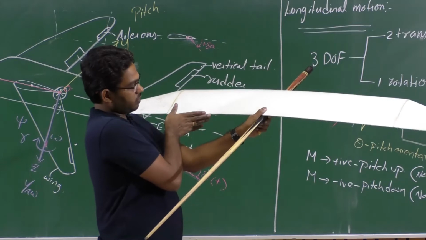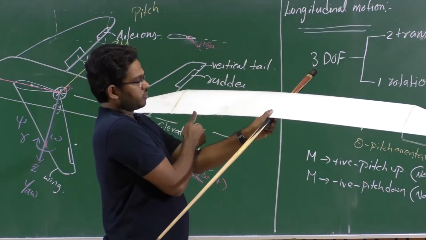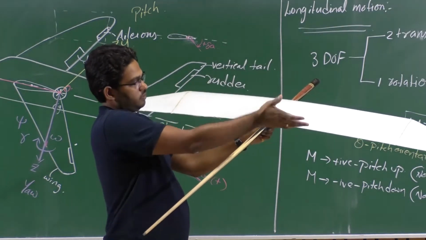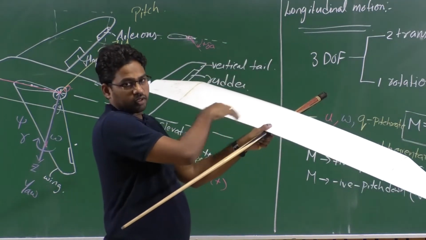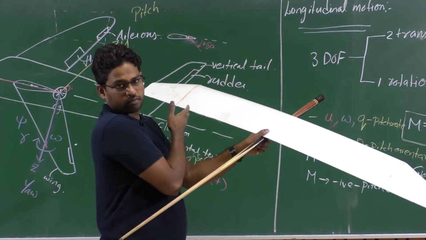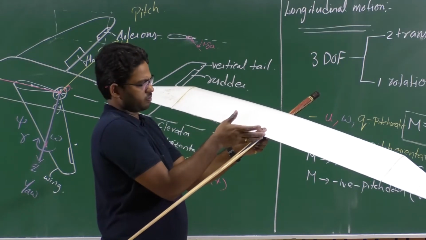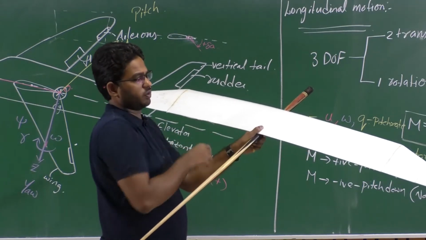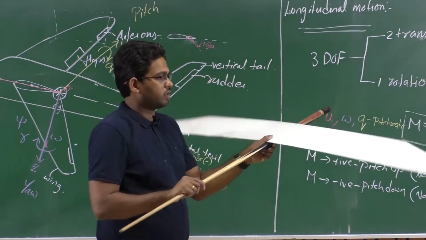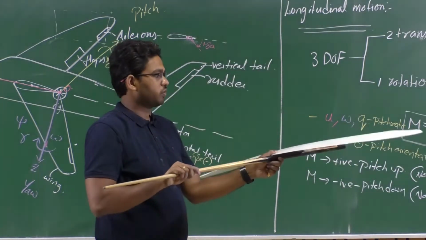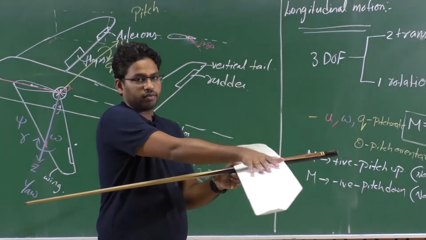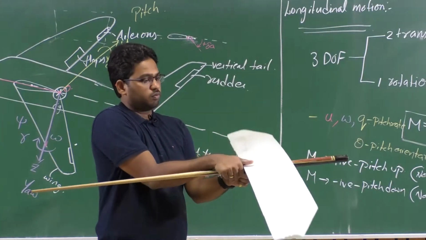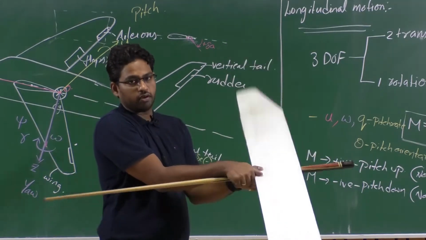If I deflect this down, this will produce an upward force. So that will produce a positive rolling moment. The downward force and the upward force, multiplied by the corresponding moment arm here, will produce a positive rolling moment. So positive rolling moment is right wing going down. So I say this is my right wing and this is my left wing. So positive deflection is right wing going down, right?